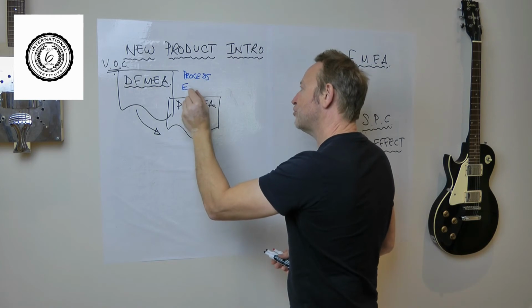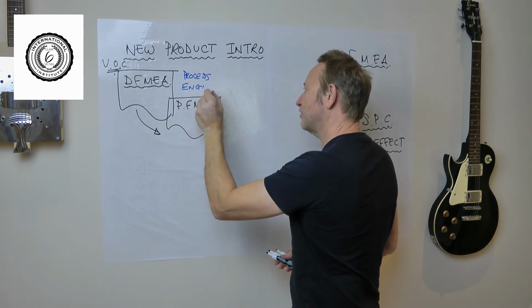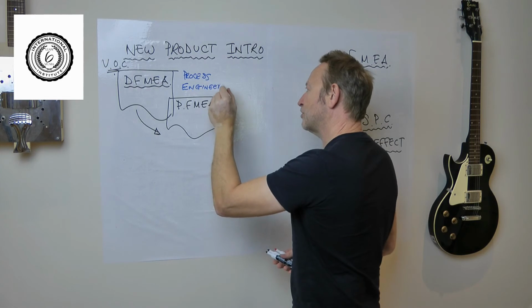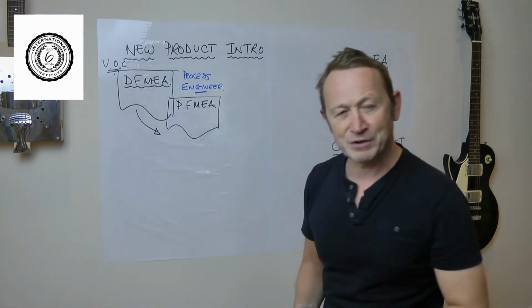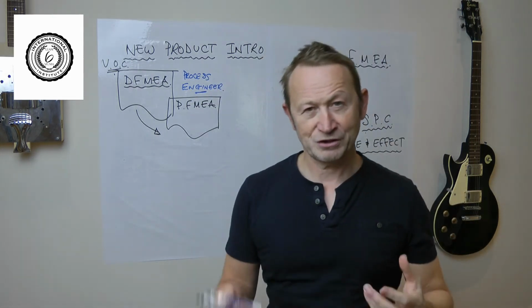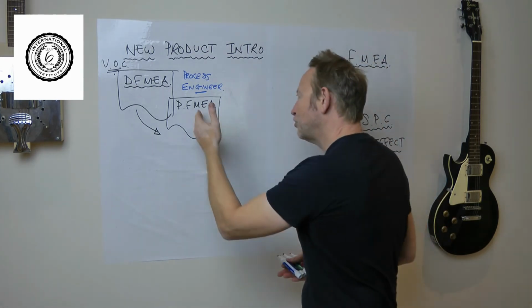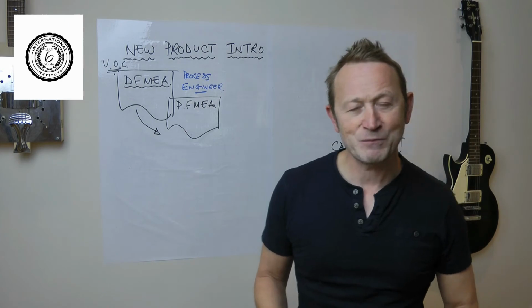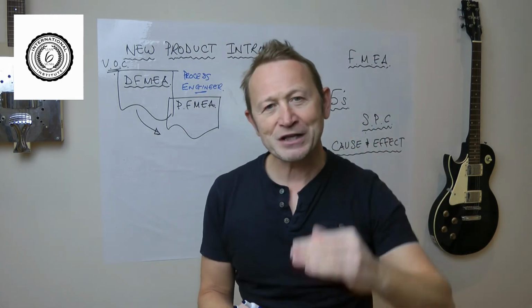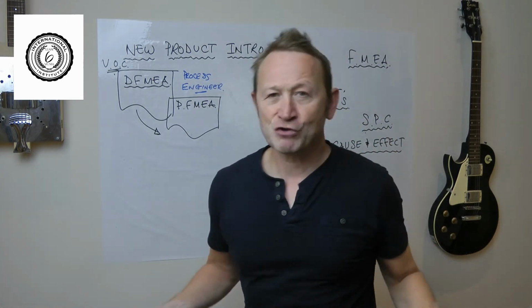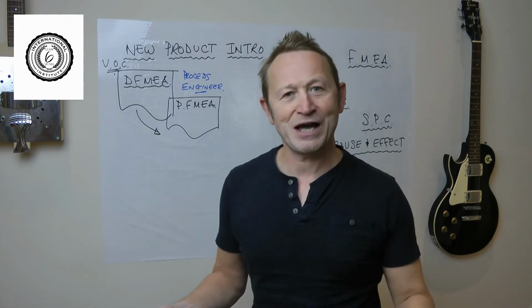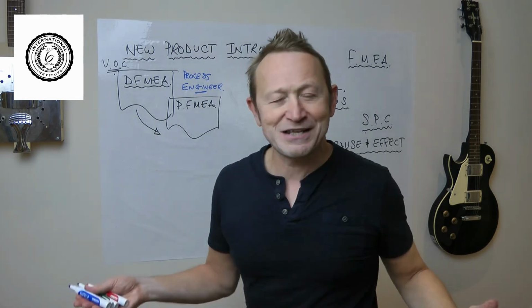The process engineer has to design the process. He has to decide what machine is going to be used and what controls are going to be put in place. How does he do this? He should do it with the process FMEA. The process FMEA isn't just a list of extreme events that may or may not happen, a set of accidental events.